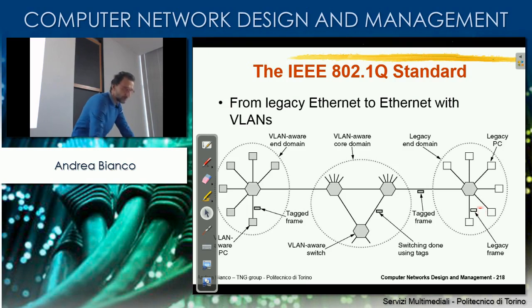Whenever you move packets from here, which the host generates without the VLAN ID because you are not aware of VLANs, you will have a device that will add this VLAN ID, to move to the VLAN enabled or VLAN aware portion of the network.